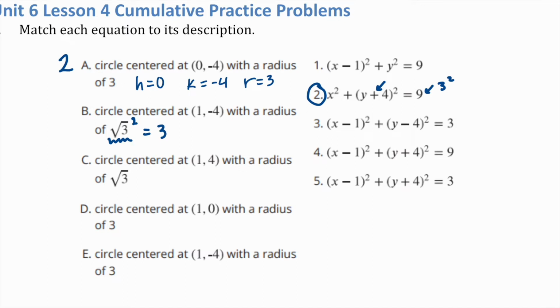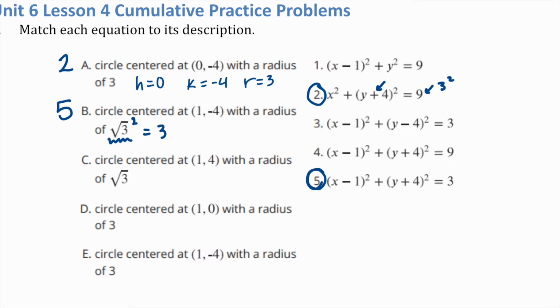So we want x minus 1, and y minus -4, equal to 3. It's either number 4 or 5 down here. Since number 4 is equal to 9, 5 is the one that's equal to 3. So 5 goes with B.